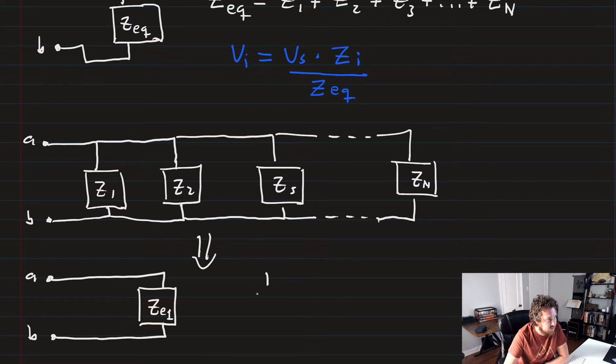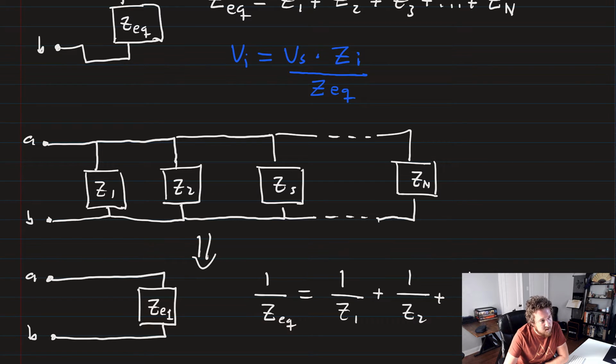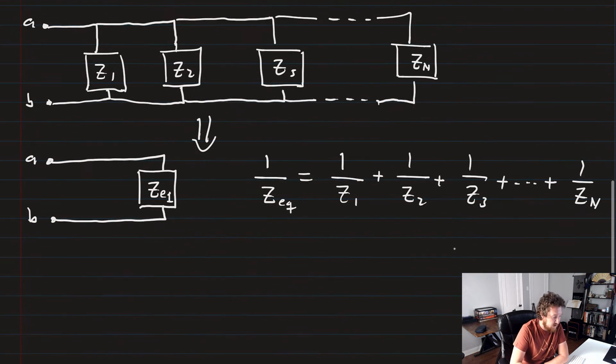Remember, 1 over Z EQ is equal to the sum of the reciprocals: 1 over Z1 plus 1 over Z2 plus 1 over Z3, plus all the way out to 1 over Zn. And that's all there is to it for parallel impedances.